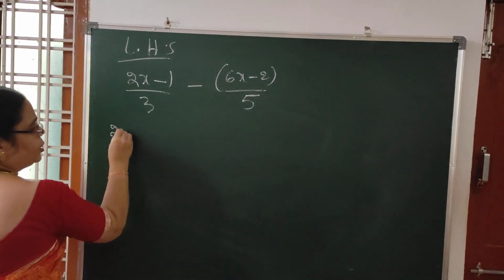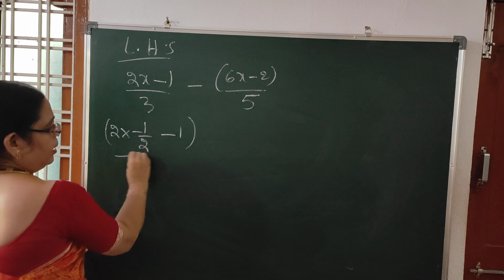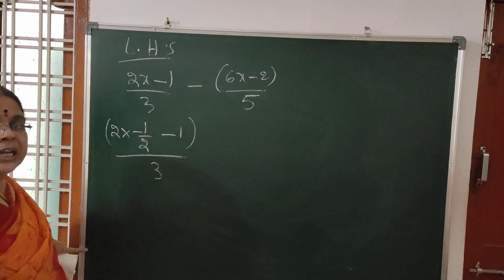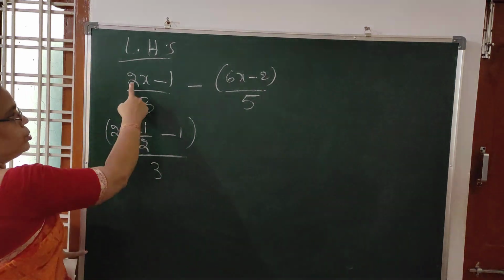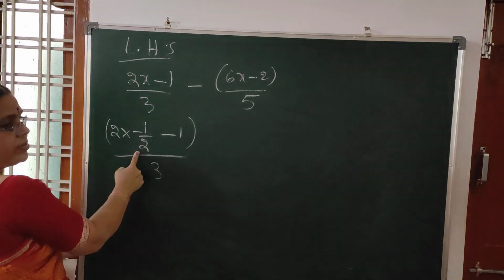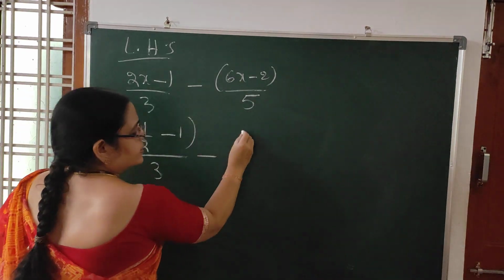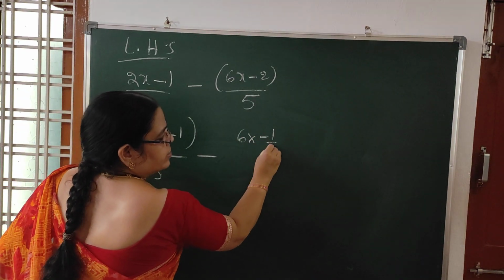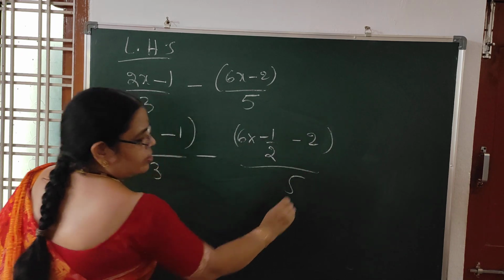So this is 2 into minus 1 by 2 minus 1 divided by 3 minus 6 into minus 1 by 2 minus 2 divided by 5. Nothing else I am doing, just substituting x as minus 1 by 2.